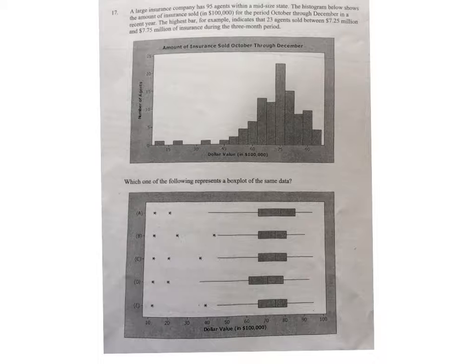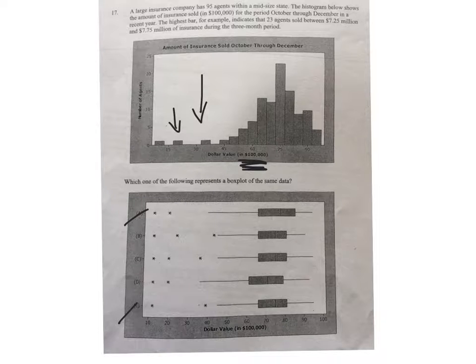Okay, on this one, you've got to be careful because they are talking about hundreds of thousands of dollars. That's a lot of money. So the tricky part about this is that this is going to count as an outlier. So that means that right away we can cross this one off, and on letter E, they don't even account for this outlier at all.